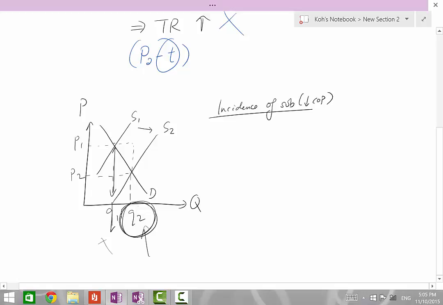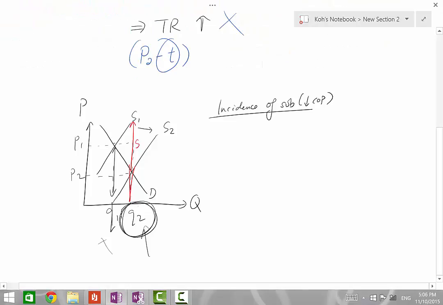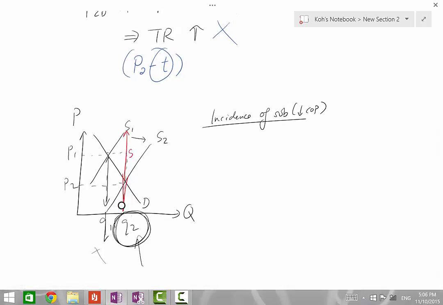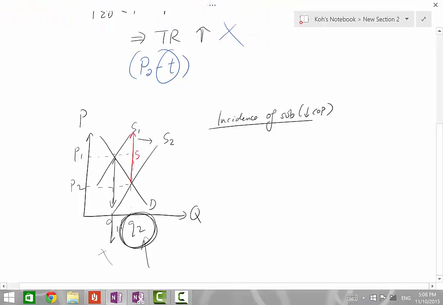So I'll say as a matter of habit, I will always first indicate the size of the subsidy, as measured from Q2. So now I have one line that extends all the way up.